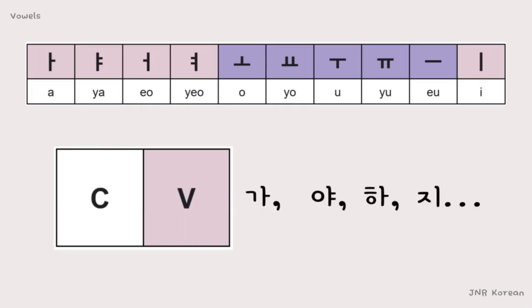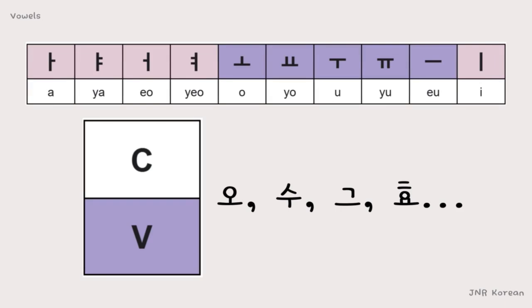For example, you can see the letters such as ka, ya, ha, ji are arranged from left to right with consonants and vowels. You can see that letters such as o, su, gu, hyo have consonants and vowels arranged from top to bottom.